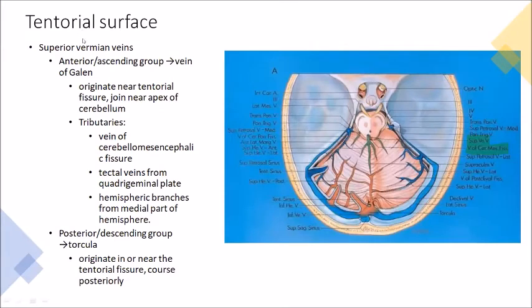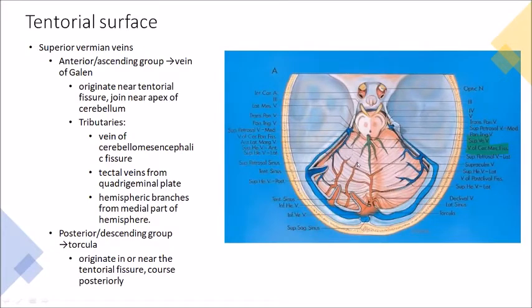The veins supplying the tentorial surface are further divided into superior vermian veins and superior hemispheric veins, corresponding to the areas that they supply. Superior vermian veins are grouped into an anterior or ascending group, and a posterior or descending group.